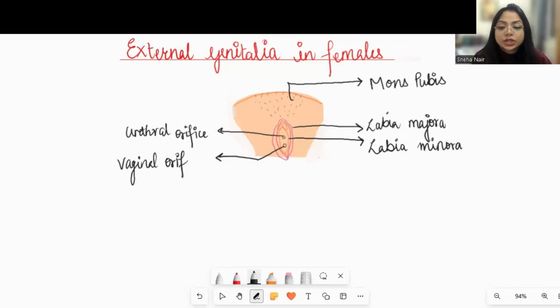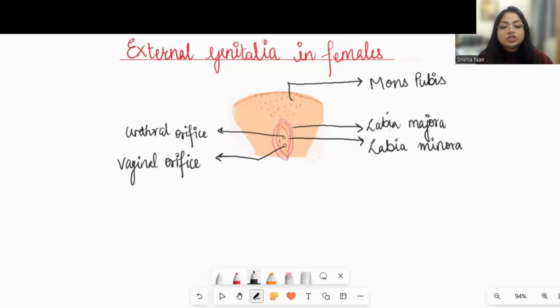This vaginal orifice is surrounded by two fleshy folds. The labia majora is a thick, fleshy fold, while the labia minora is thinner. The labia majora is covered by pubic hair, while the labia minora is not covered by pubic hair.